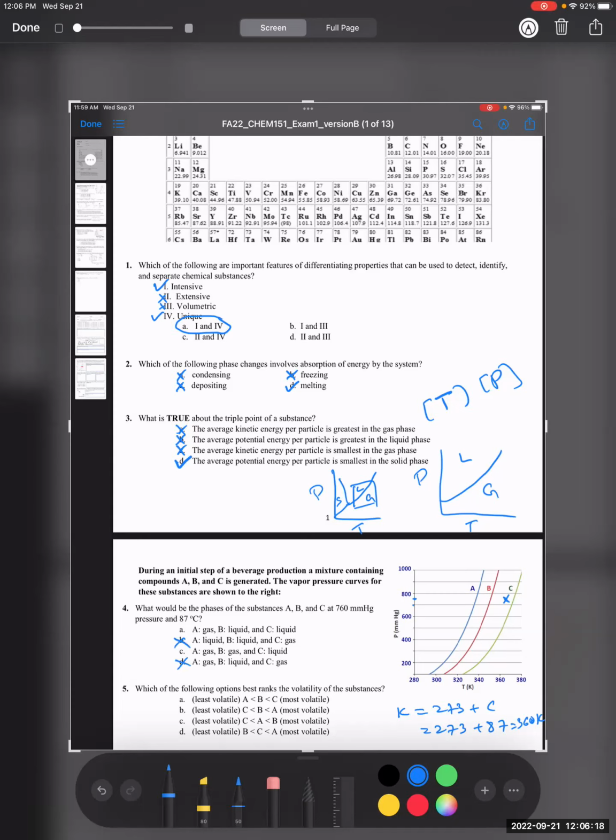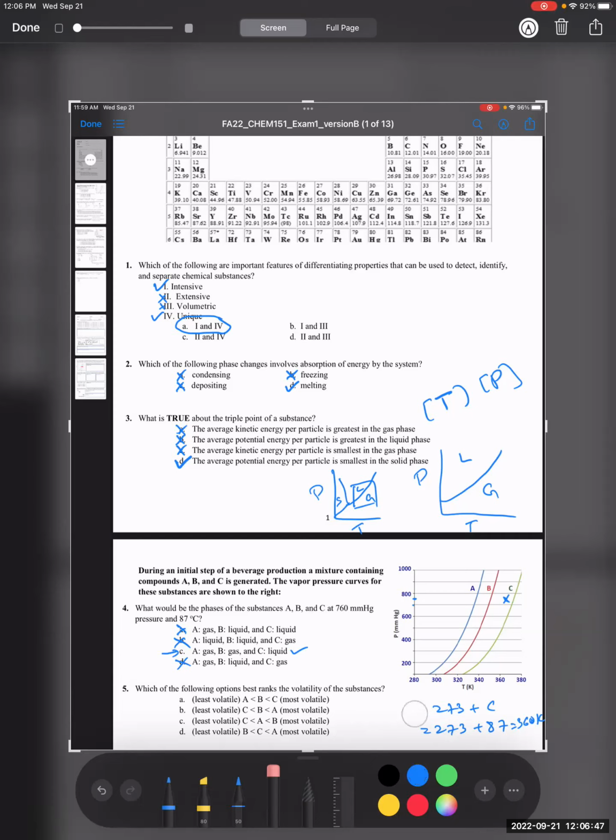And then we can see that with respect to both A and B, this condition is below the curves of A and B. Therefore, they should be in the gas phase, the same phase. Option A is out because it says A is gas, B is liquid. A and B are both in the same phase, and therefore the correct answer must be option C. A is gas, B is gas, and C is liquid.